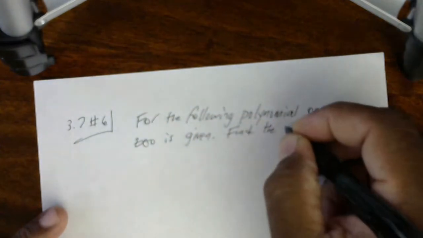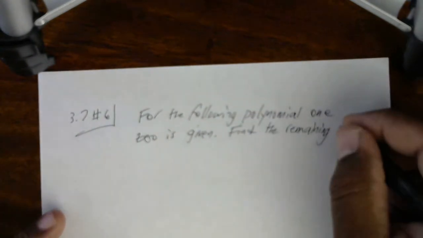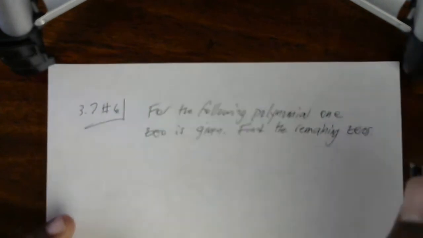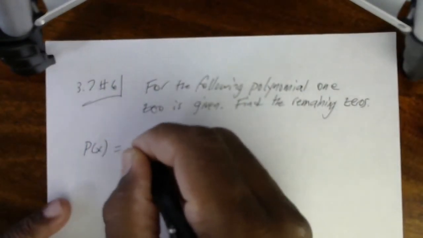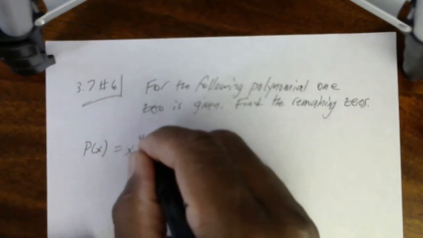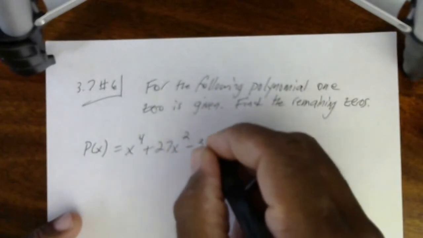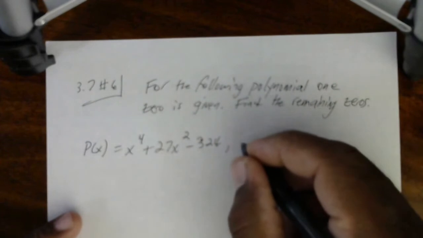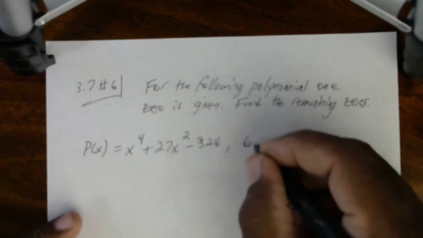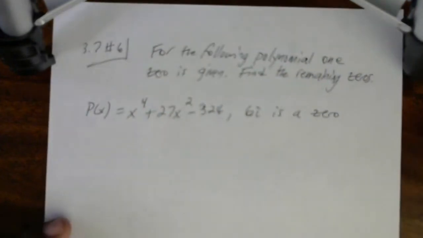Find the remaining zeros. And we have that our function is x to the fourth plus 27x squared minus 324, and 6i is a zero.